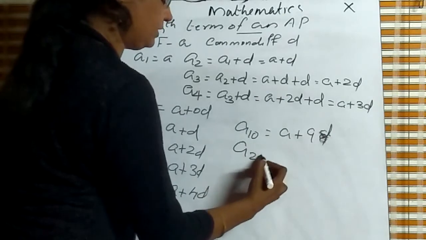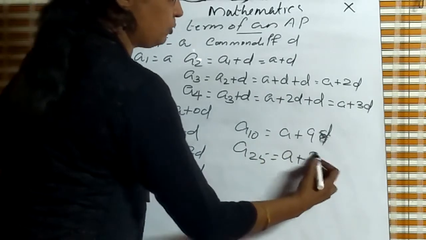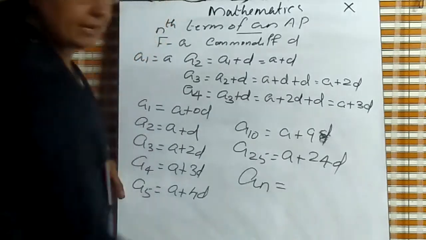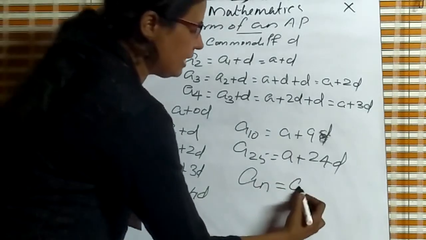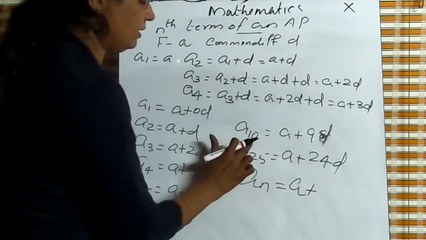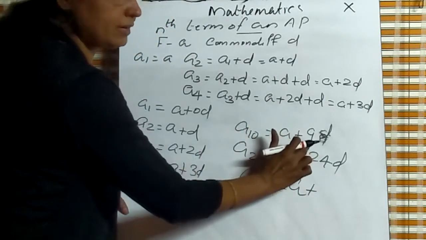And A25 is A plus 24D. In general, what is AN? Nth term is A plus, for the 25th term we write 24 and for the 10th term we write 9.